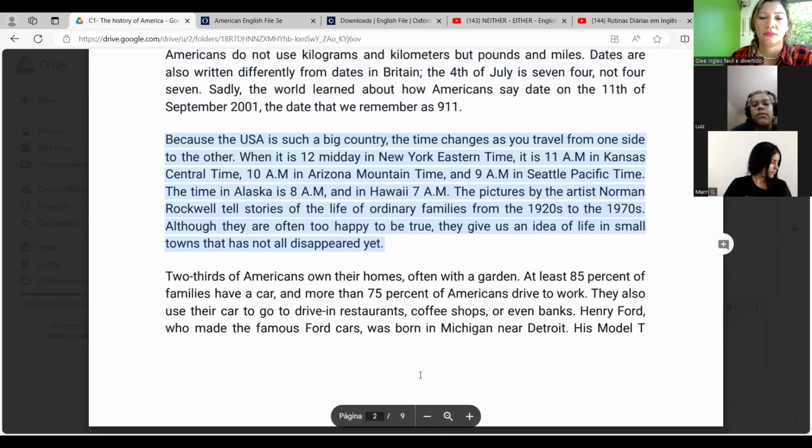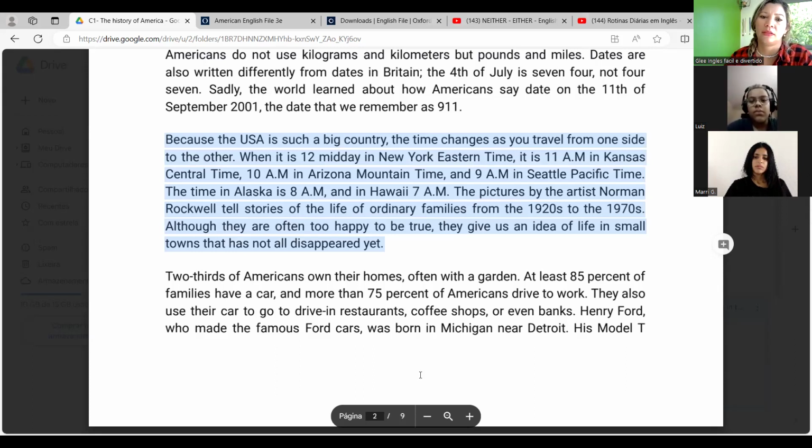Because the USA is such a big country, the time changes as you travel from one side to the other. When it is 12 midday in New York, Eastern Time, it is 11 a.m. in Kansas, Central Time, 10 a.m. in Arizona, Mountain Time, and 9 a.m. in Seattle, Pacific Time.